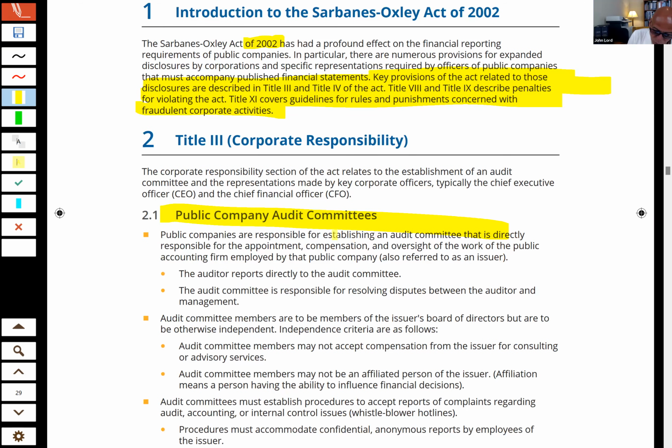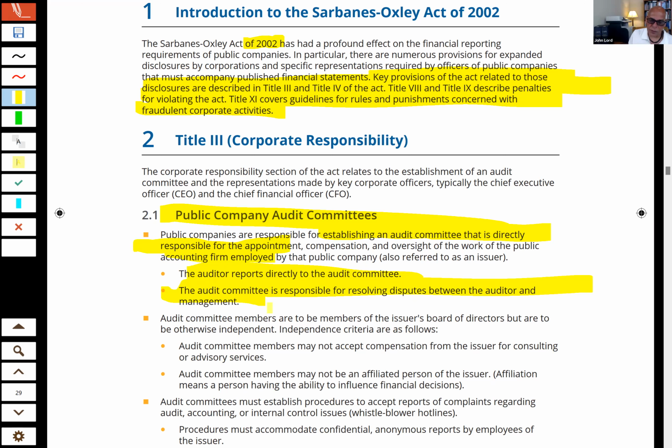So what happens? Sarbanes said you have to have an audit committee that is directly responsible for the auditors and the audit. So they are the ones that fire the accounting firm, etc. The auditor reports directly to the audit committee, and the audit committee is responsible for resolving disputes between the auditor and management.